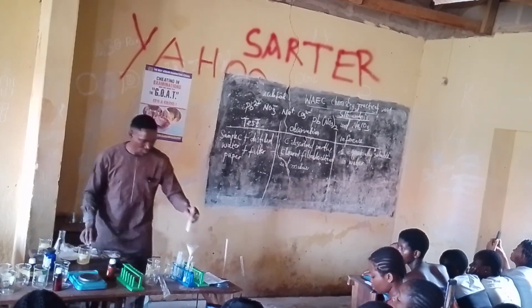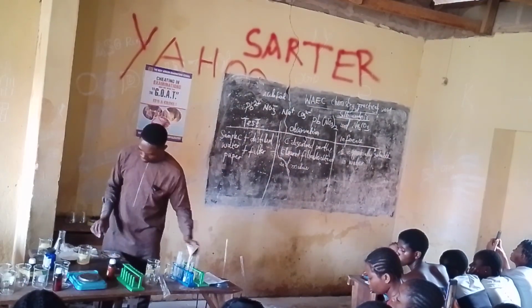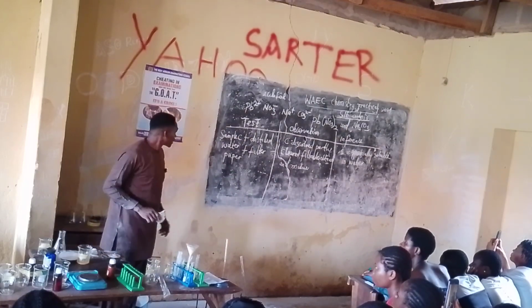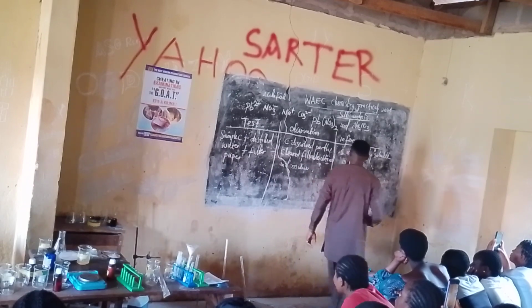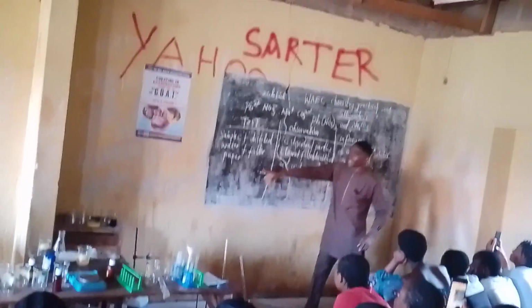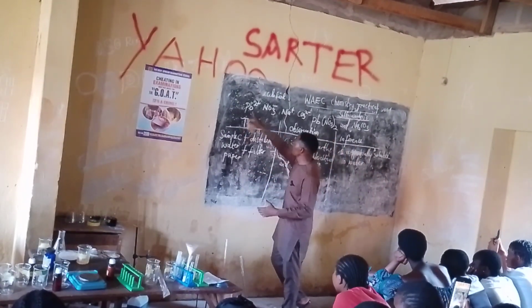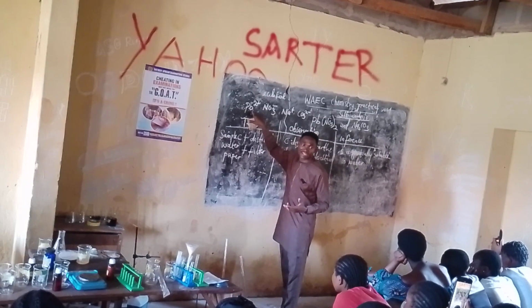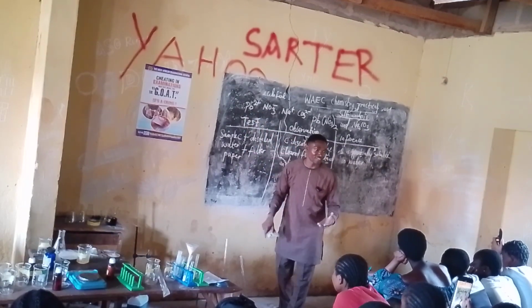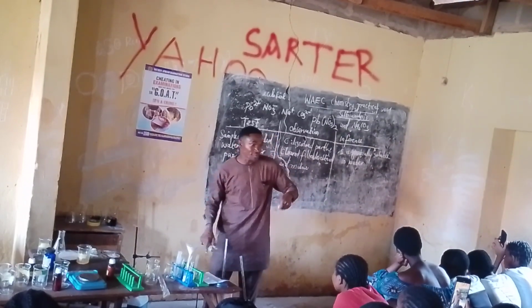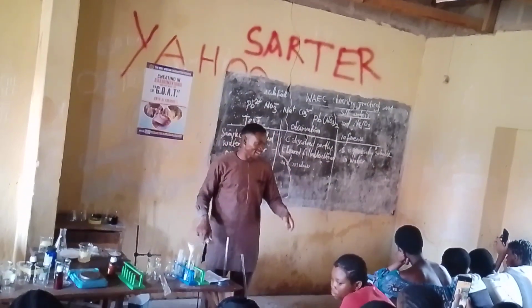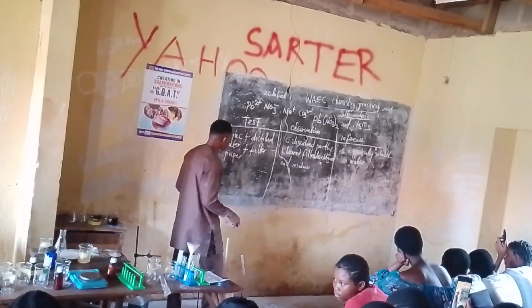So I will now say the next line will be filtrate. I want to test for this ion. To test for Fe²⁺ ion, I say filtrate plus sodium hydroxide in drops and then excess. Be reporting.